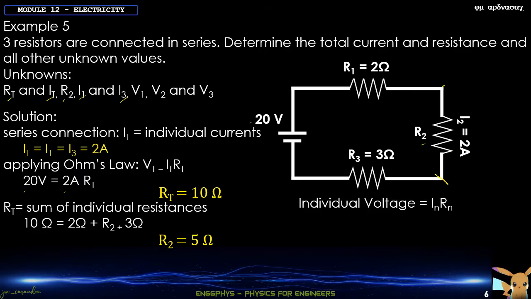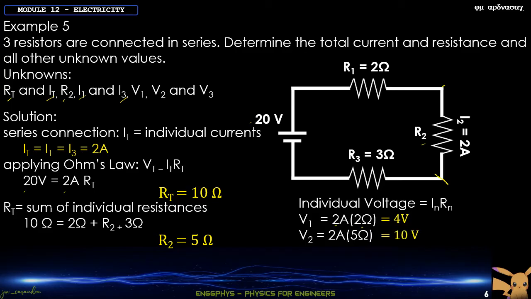So, we'll have V1 is equal to I1 times R1. So, I1 times R1, voltage now is equal to 4 volts. And then, for V2, that will now be equal to I2 times R2, which is 5.